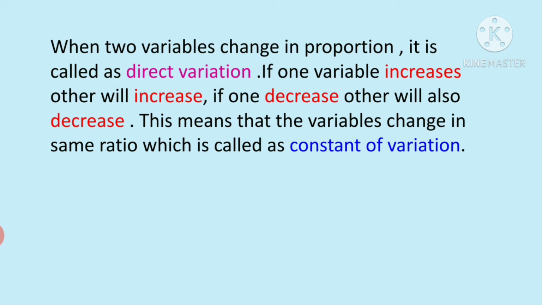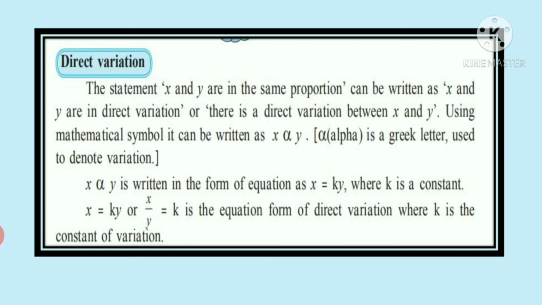This means that the variables change in the same ratio, which is called the constant of variation. The statement x and y are in the same proportion can be written as x and y are in direct variation, or there is a direct variation between x and y.